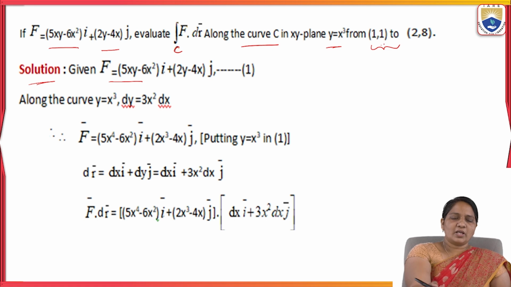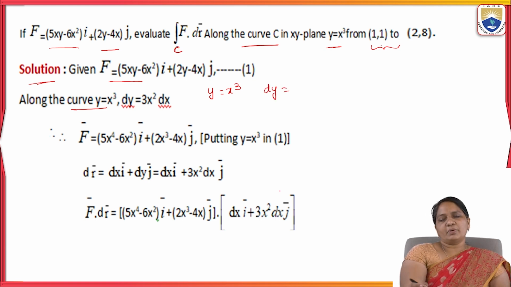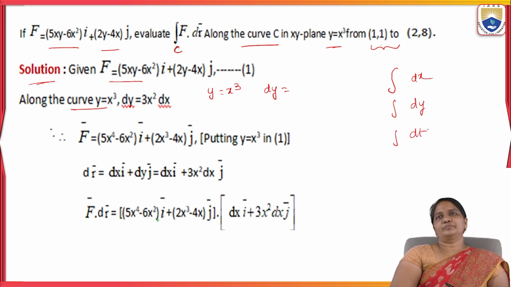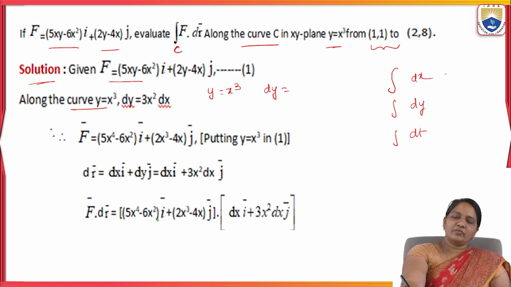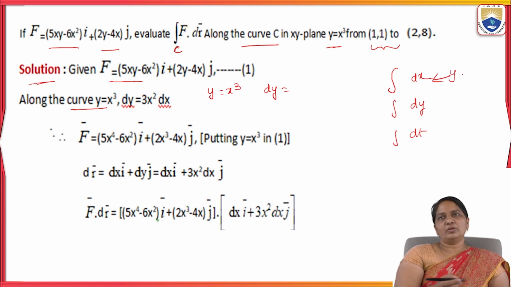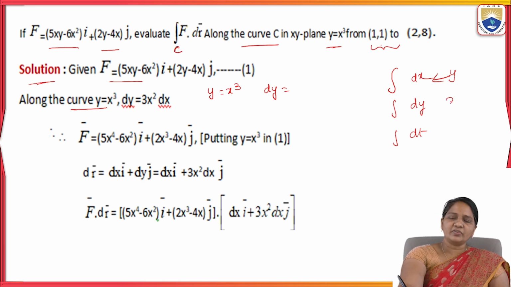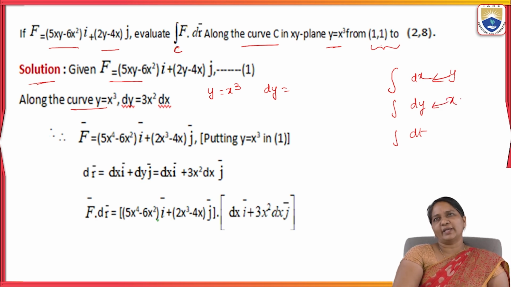What they gave along the curve is y equals x cube. Here we have to remember, along the curve we can work with respect to x, with respect to y, or with respect to t. Only one single variable. So if you have any y terms, you can convert into x. Otherwise, if you have any x terms, you can convert into y.